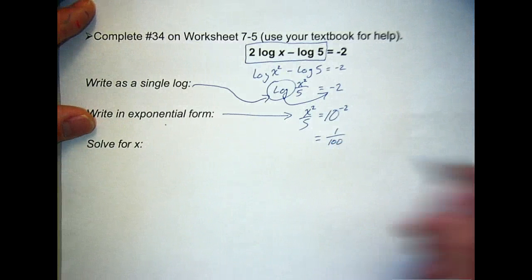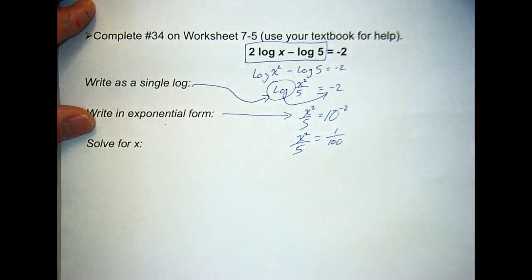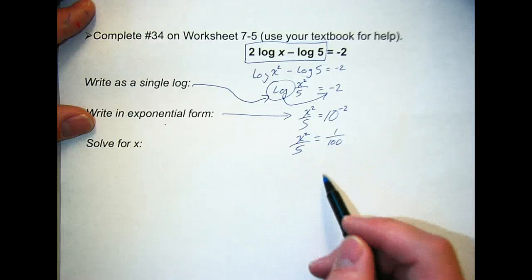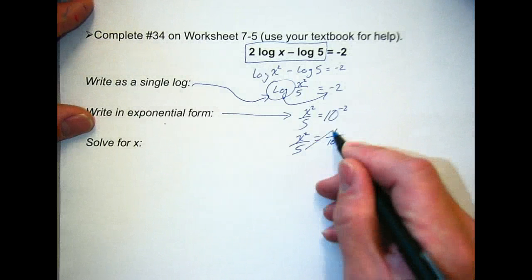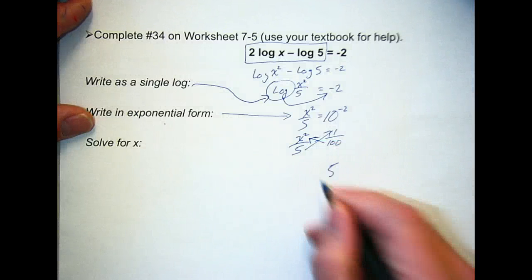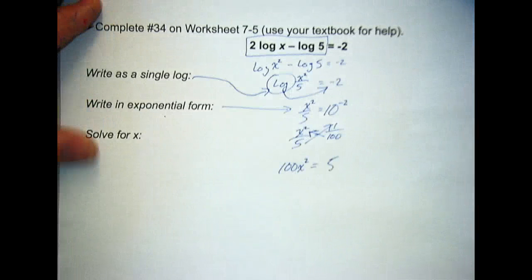Some of you are zoning out. You're like, okay, this is tough. I'm about done. Okay? You now have a proportion. Proportions, how do you solve proportions? Cross multiply is the easiest way. That gives me 5, that gives me 100x squared. We are now solving for x. How do I get x by itself?